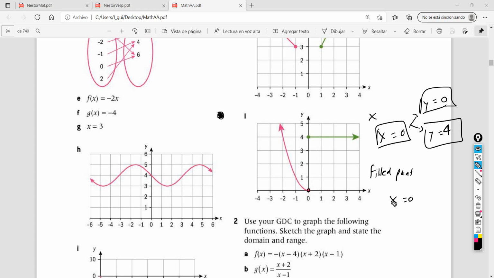We don't fill the point. Then for x equals 0, the corresponding value for y would be 4, and this complies with the definition of function. But this is not the case. What these two graphs are telling you is that for x equals 0, you have two different values of y, and therefore that single thing breaks the definition of function, even if the definition complies in the rest of the graphs.